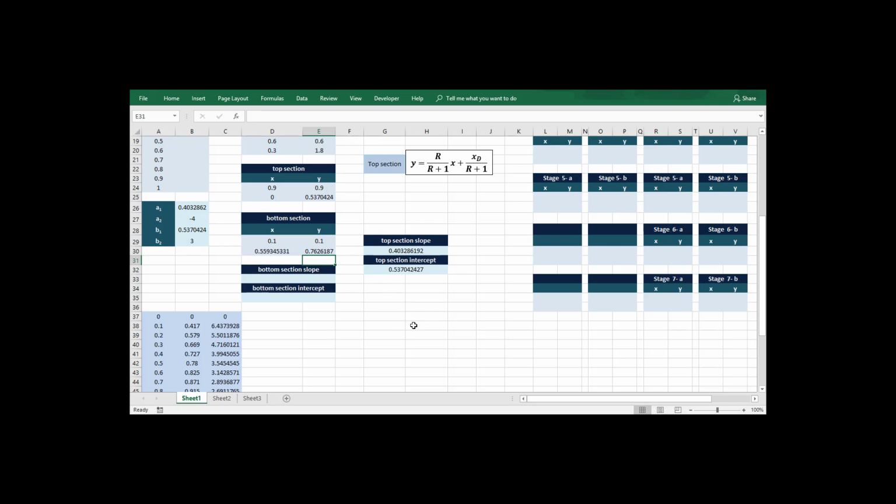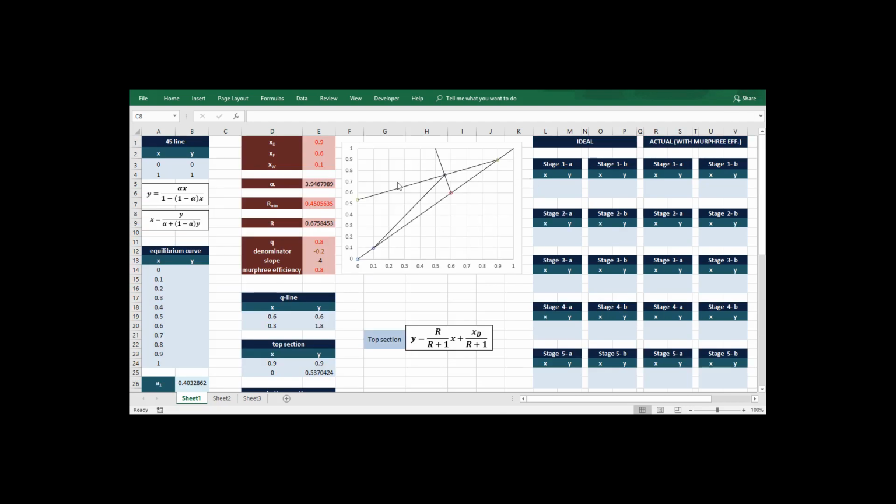I can now add the x and y values to the plot and get the value for the bottom section slope and bottom section intercept. This is what the graph looks like after adding the bottom section.